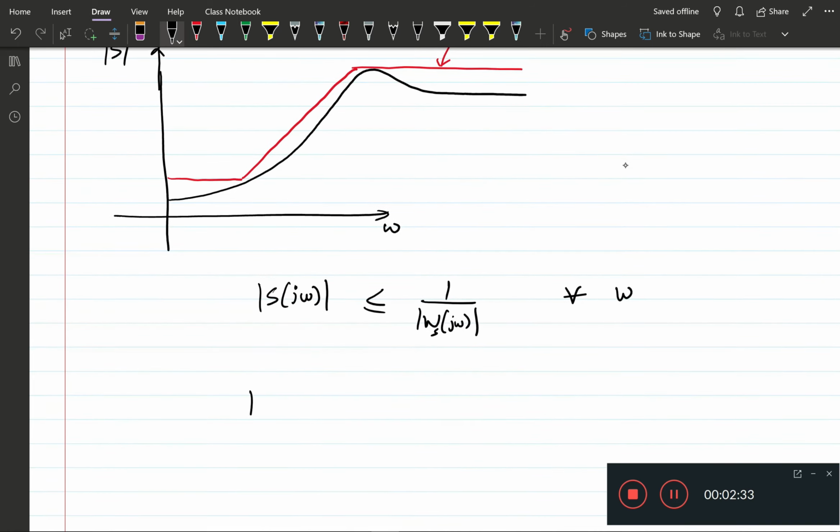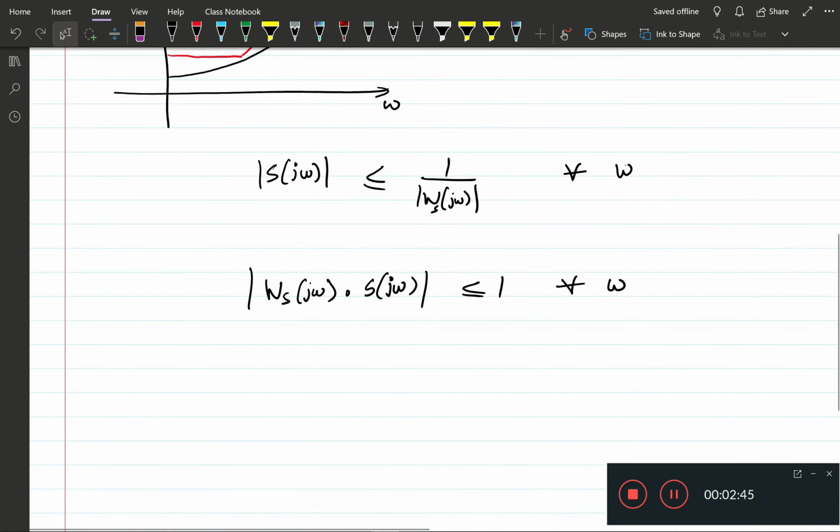and this is then nothing but Ws of j omega times S of j omega less than 1 for all omega, and that is nothing but the H infinity norm, or the maximum over all omega.